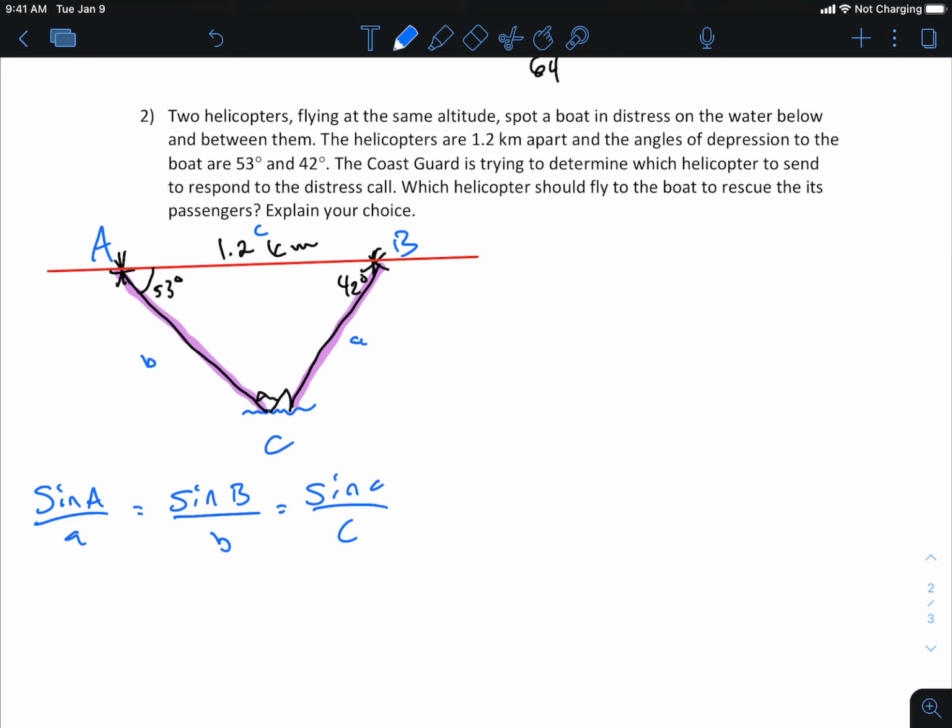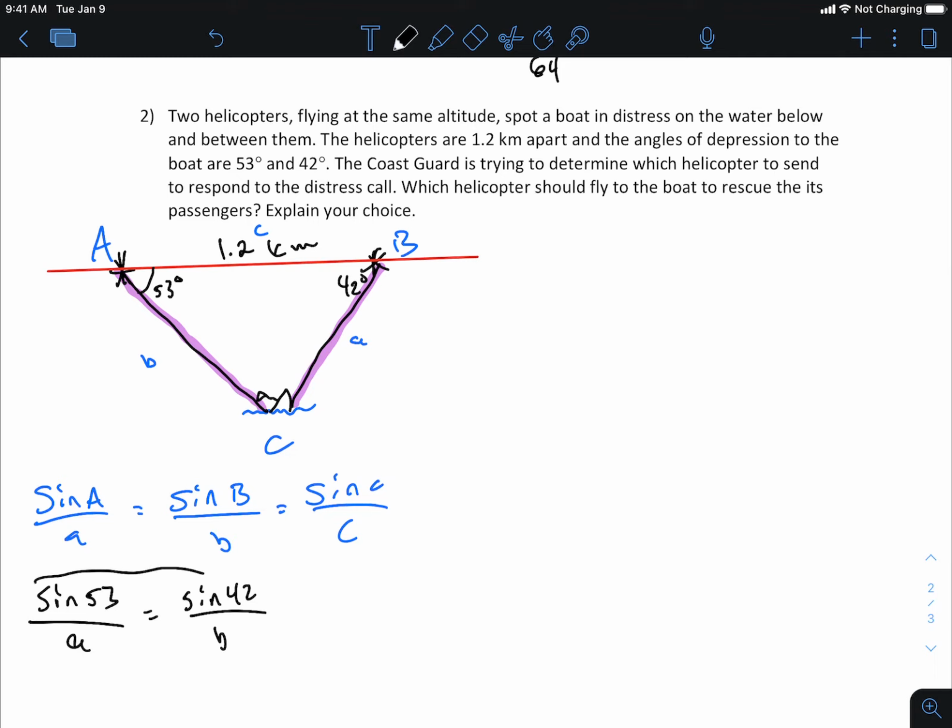Okay, let's start filling in some information. Sine of A, we go sine of 53 over, I don't know what A is, that's a problem. Okay, let's go to the next one. Sine of B, this is sine of 42 over B. Okay. I can't use those two things, right? This is why, Coco, all three are written down, right?